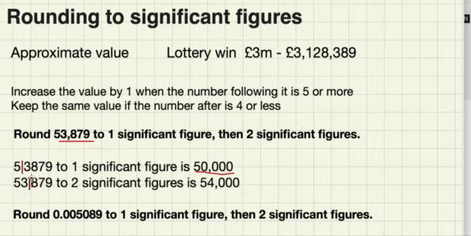And we look at this number here, 8, which is in the category 5 and above. Therefore, this would change to 4. And so this value to two significant figures is 54,000 because this has increased.